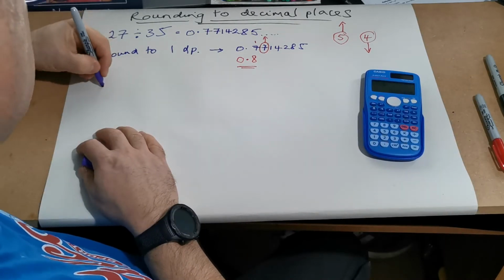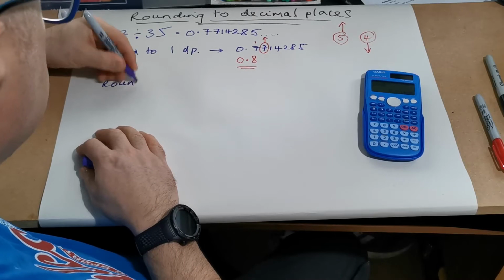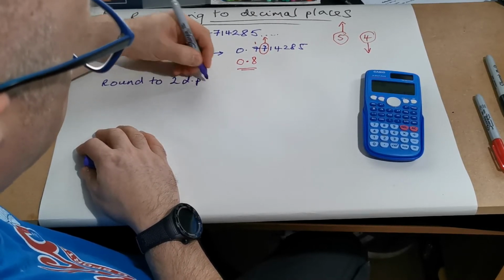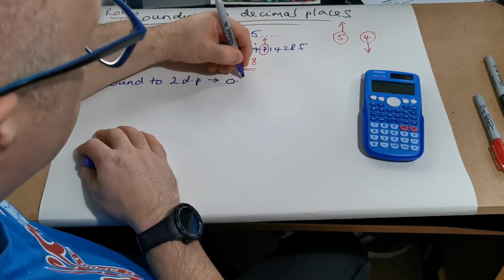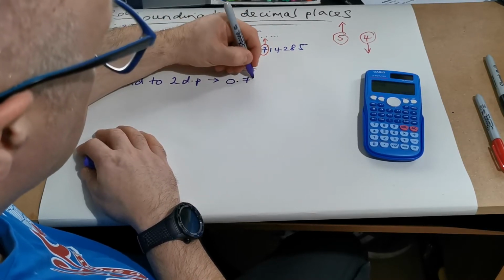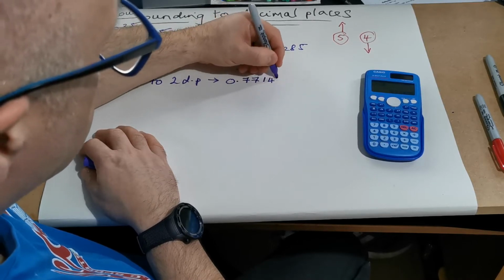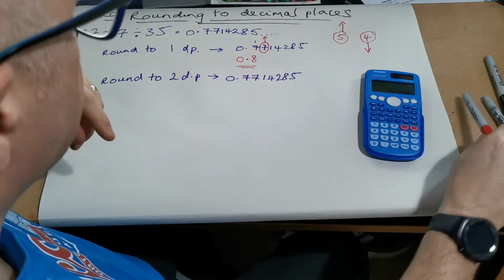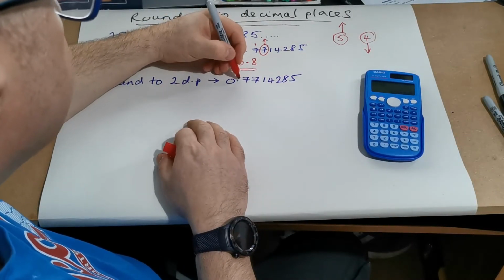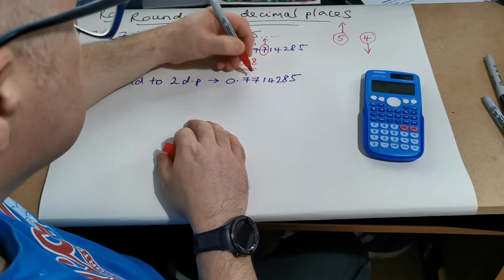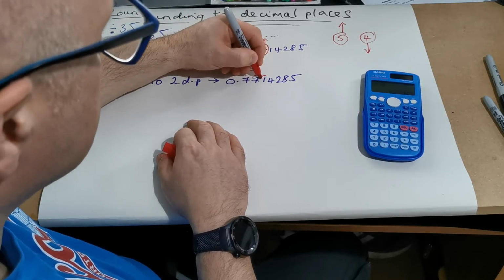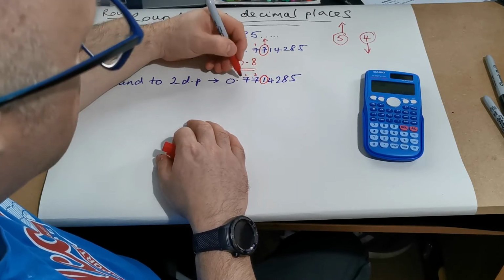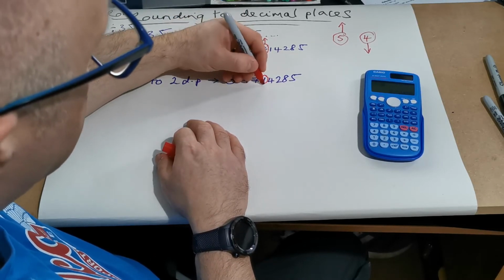So let's look at if we had to round to 2 decimal places. And again, I tend to write out my number in full, 0.7714285. Now I'm going to look at 1 decimal place, 2 decimal places, and I'm going to look at this next digit to see whether it's close to 0.77 or close to 0.78.